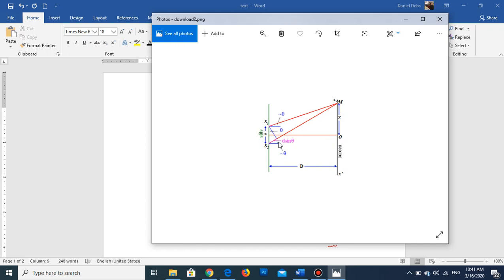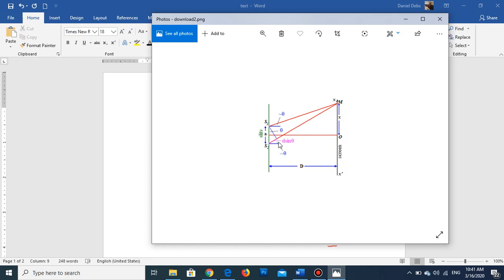What does it mean? If they complete 1 oscillation or 2 oscillations or 10 oscillations, then maximum meets with maximum or minimum meets with minimum. Thus, you obtain a bright fringe.